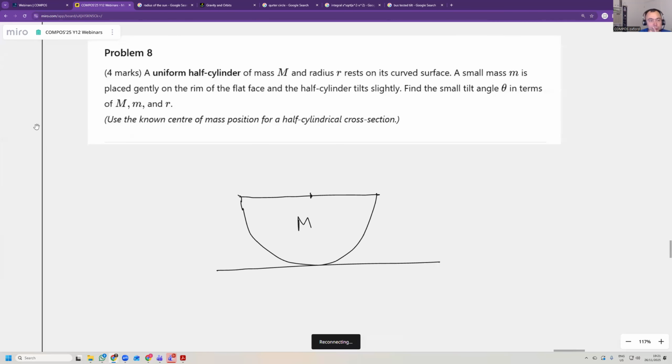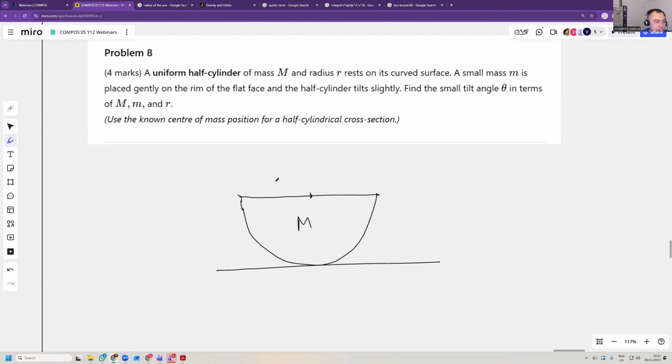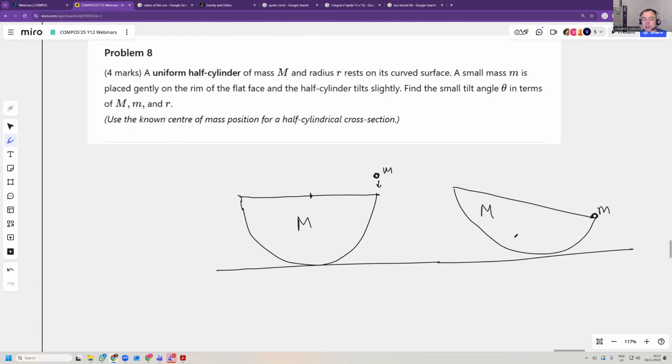Now, we put a small mass on the edge, and what happens is that the half cylinder tilts because now it has this extra mass here.